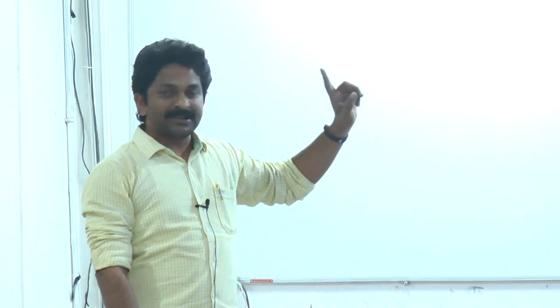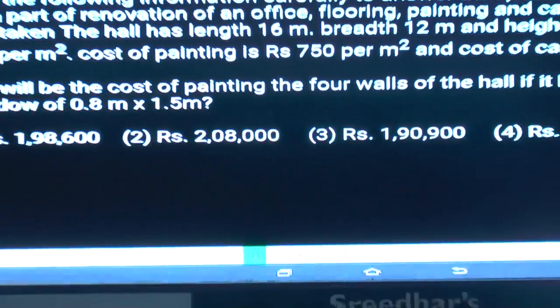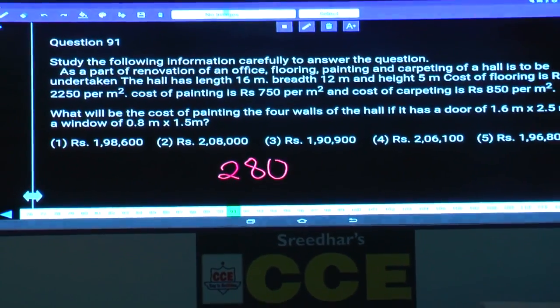That means left hand side 80, right hand side 80, total 160. Now, what is the breadth of the rectangle? 12. And height? The area of the wall along the breadth side is 12 into 5, 60. So front side 60 and back side also 60. Total 120. Earlier you have 160. Total 280.